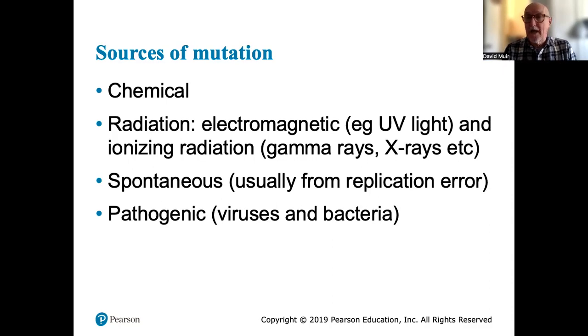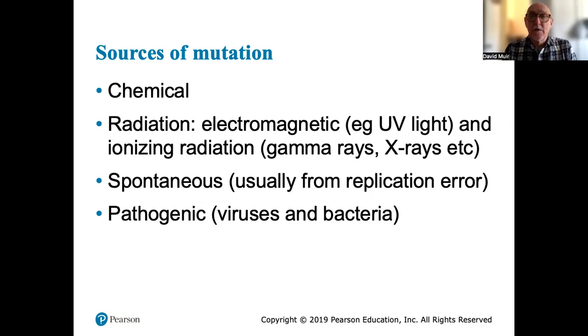Radiation of various kinds, electromagnetic like ultraviolet light, and especially ionizing radiation, gamma rays, X-rays, can actually physically damage DNA. And in repairing the damage, often mistakes can be made in substituting bases that ought not to be there.